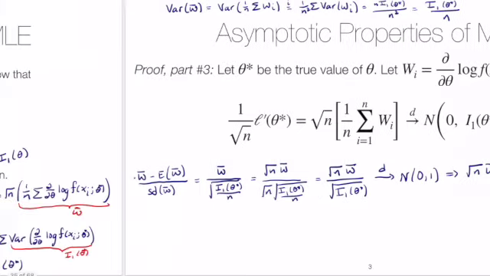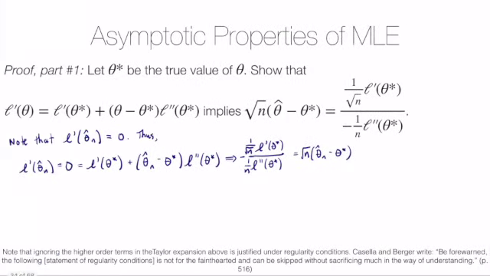All right, so just to recap what's going on here, we proved that this quantity that will get us the asymptotic distribution of the MLE can be written as this crazy looking fraction, and we just showed that the numerator converges in distribution to a normal 0, Fisher information.